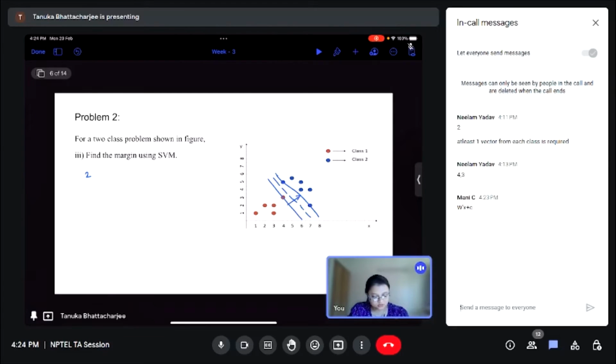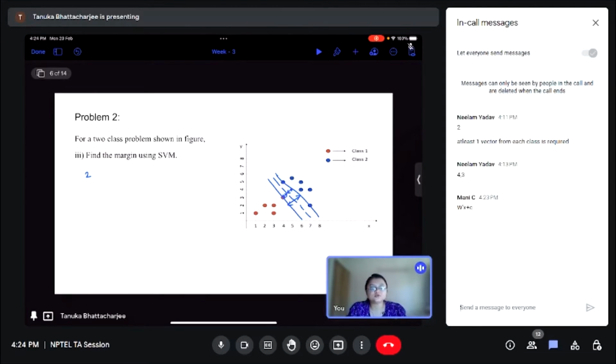What is this width? It is the distance of the support vector of class 1 from the decision surface plus the distance of the support vector of class 2; both will be equal. So, twice the distance of the support vector from the decision surface. That won't be W transpose X plus C.